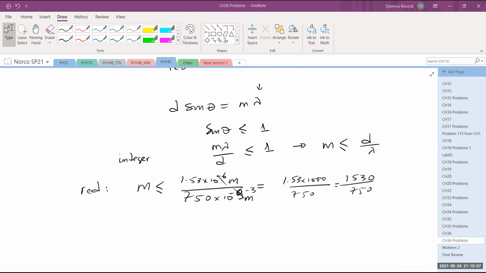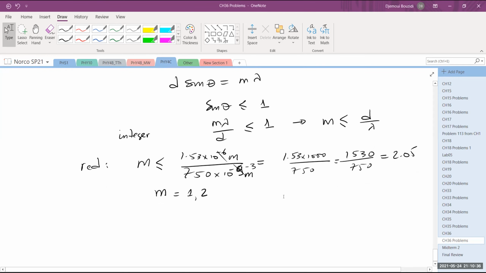So now it's this number, 1,538 actually, I rounded it down, divided by 750, as if this makes a difference. It's 2.0 something. So m can be 1 or 2. It cannot be more than that, it cannot be 3. So that's for the red.